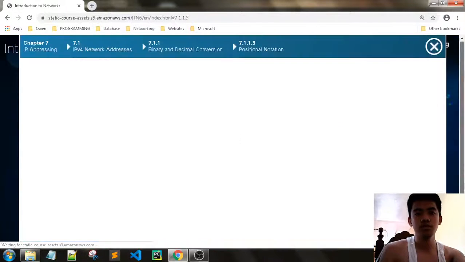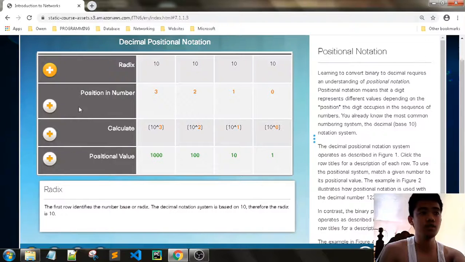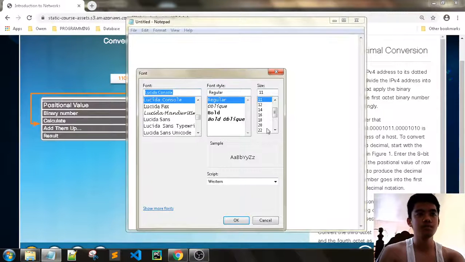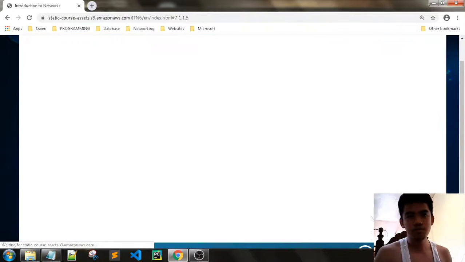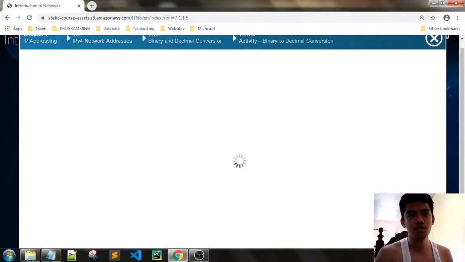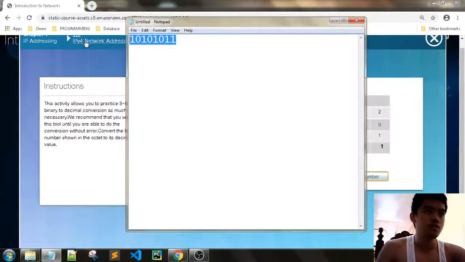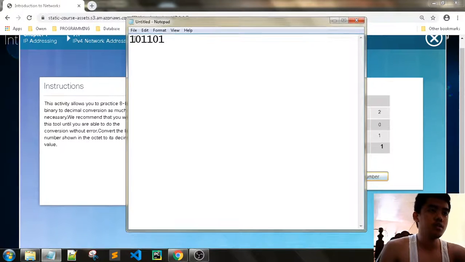So this is just for converting binary to decimal. For example, we have this binary, 101101, and we need to convert this to decimal.